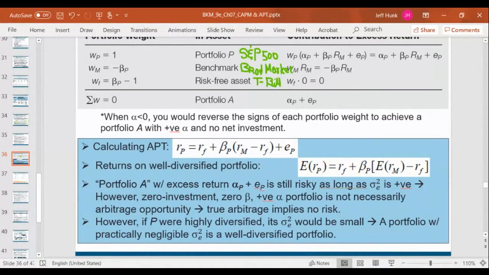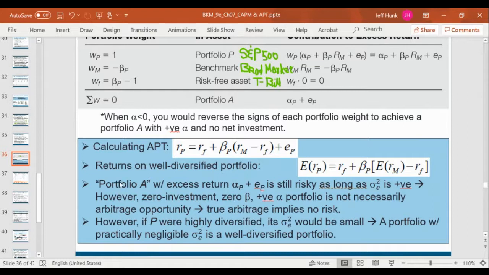In this example, we shorted the benchmark and the T-bill, but if the alpha is negative, then you reverse it. You short the S&P 500 and put the proceeds from the short sale into a T-bill and the broad market. So APT will give you this type of result.